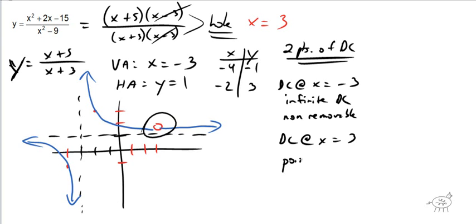And that is a point discontinuity, and is removable discontinuity. Okay, because I can remove that hole, I can plug it, and now it becomes a continuous function. So this is a good one because it's got two different types of discontinuities. That's it for different types of graphs and everything for discontinuities.